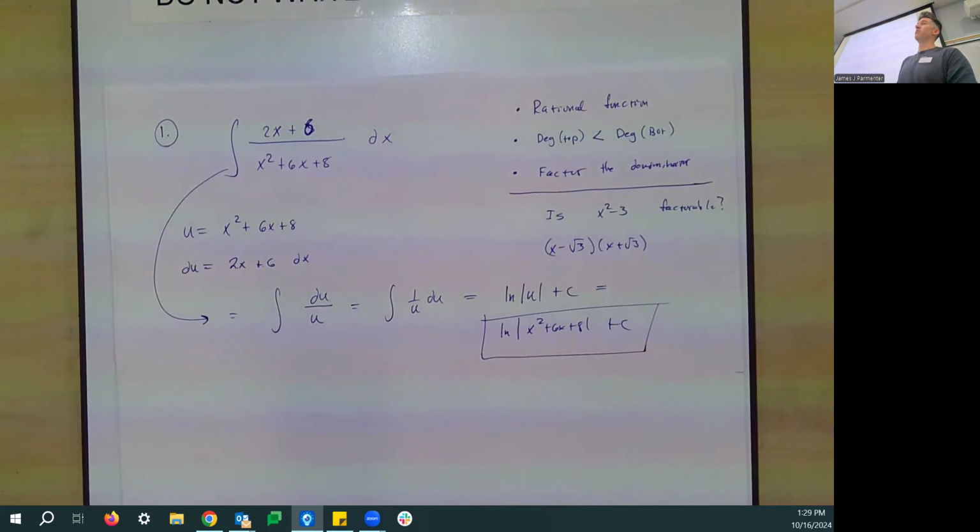So I'm going to say it one more time, before you jump to partial fractions conclusions, make sure you have eliminated easier options, typically u substitution.